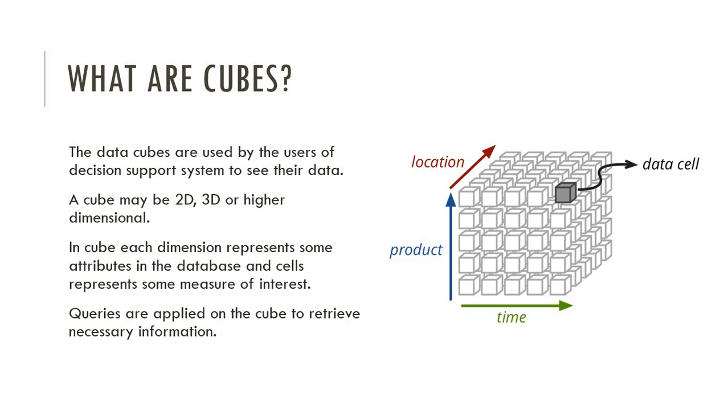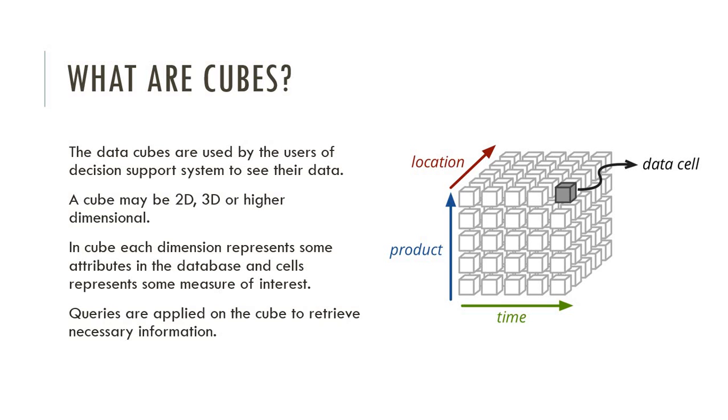For example, if I want to know the sales of August, sales of January, and I want to compare these sales from another database, writing this query in the simple relational database is quite complex, but with the data cube, because it has multiple dimensions, the access of data is much easier.